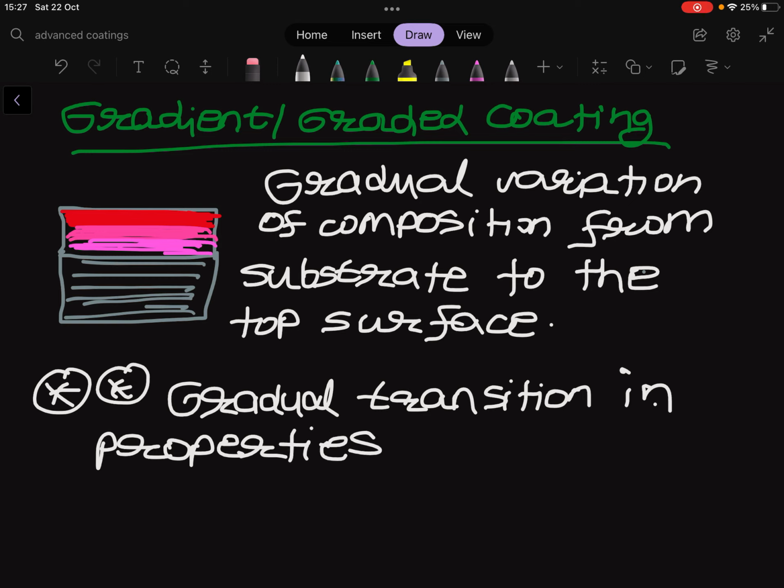So we start with a ductile substrate, and we can move gradually to a harder brittle coating. So in this way we avoid stress intensification, which is typically occurring when we combine a ductile material with a hard brittle coating, which is an additional source of failure risk.